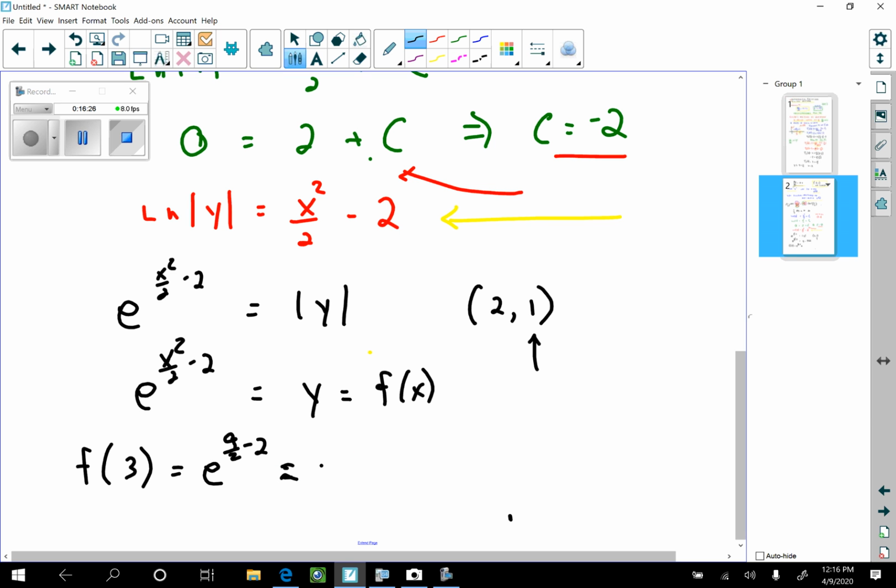I think this is a good estimation: 2.1825. Okay, so that's my estimation.